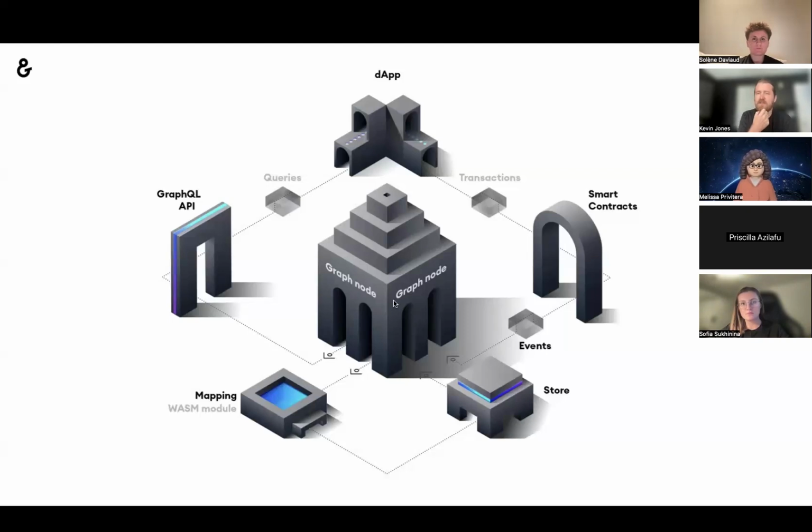The graph is a little confusing, but all you need to know is that we're going to walk through setting up a subgraph, which is basically just a way to index the data. In a dApp, you have a front end and your transactions get proposed, using the security of the network, and the smart contract is emitting events. This is kind of the write operations for the network.